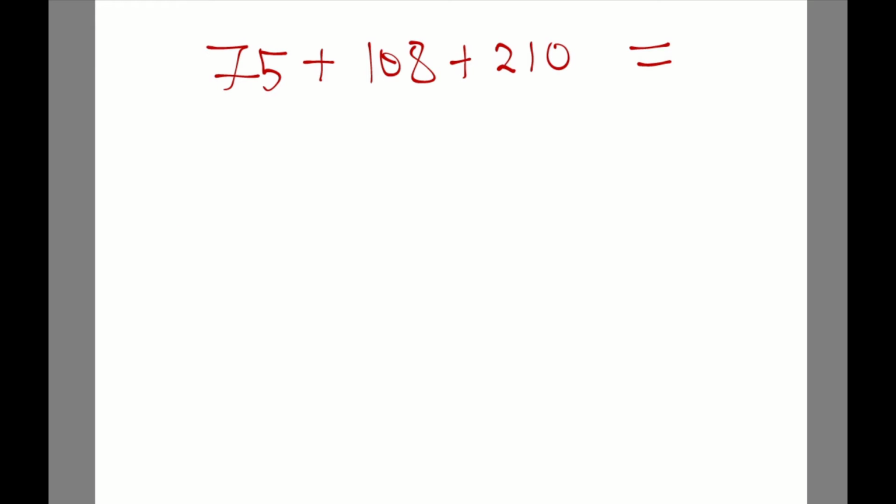And so 75 plus 108 plus 210 will give us what? So we can arrange these numbers in columns and then add them. So we have 75.